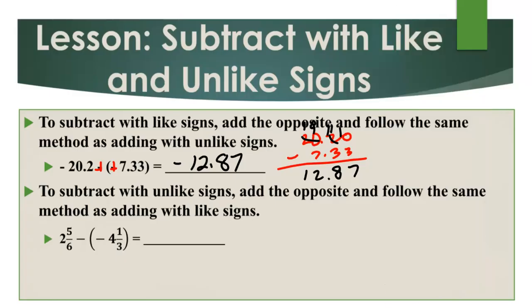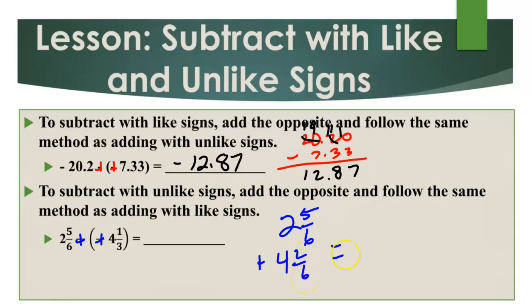Next, to subtract with unlike signs, you add the opposite and follow the same method as adding with like signs. So if I'm subtracting a negative, I'm really adding the opposite. So that makes everything positive, and I need common denominators. Common denominator of 6 and 3 is 6. So I'm going to have 2 and 5/6 plus 4 and 2/6.